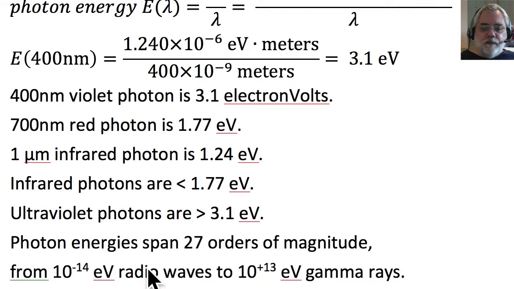For extremely low frequency radio waves, the energy of a photon is 10 to the minus 14th electron volts. There are gamma rays hitting the Earth that have energy as high as 10 to the plus 13 electron volts. So the visible light is kind of right smack in the middle of the spectrum. And so we've picked a good unit for energy for Planck's constant.